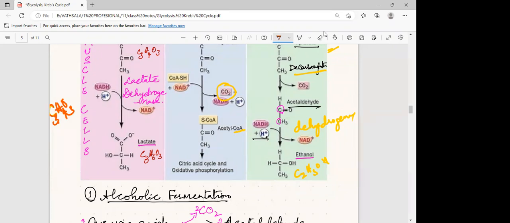C3H4O3, CO2 is removed, so 1 C and O2 are removed, C double bond O. Then 1 C is there here, CH3, which is acetyl. Right.